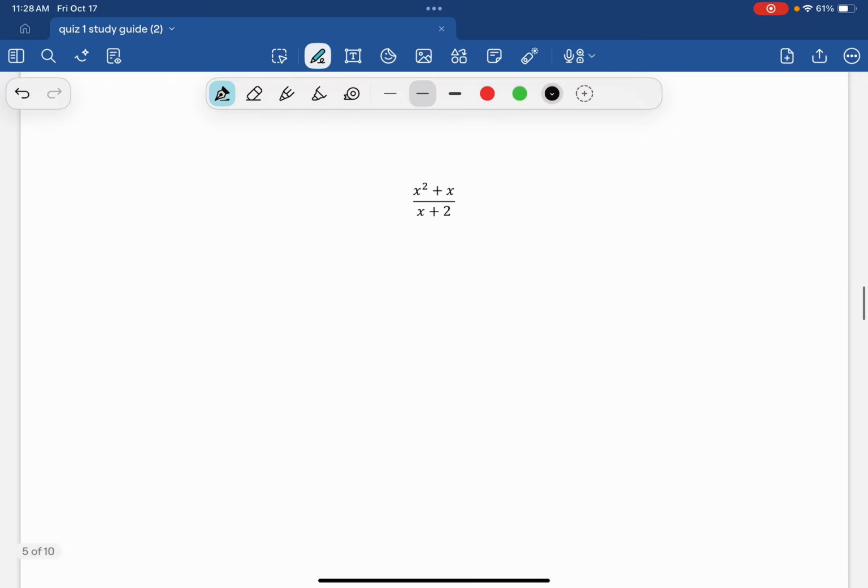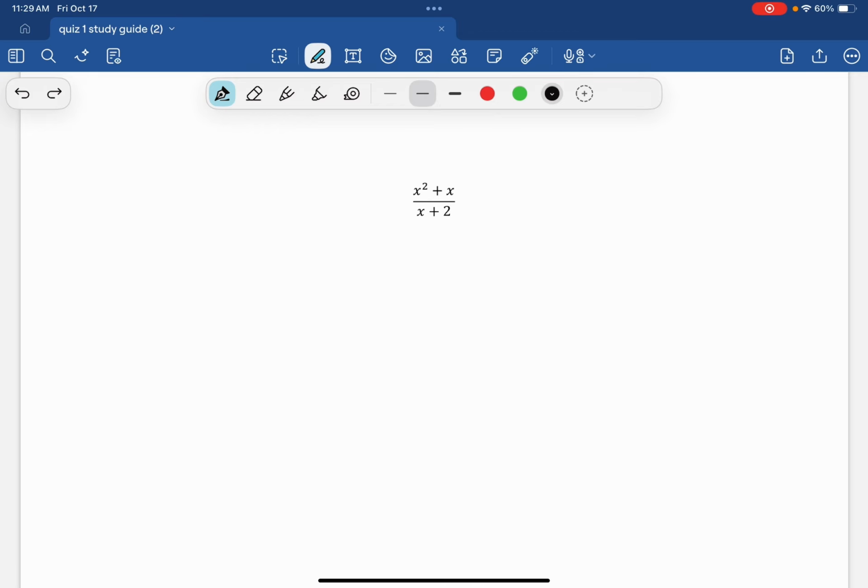Next one, here I need to use quotient rule. Sometimes there might be a shortcut because you might be able to factor something here, but here we can't, because the top is x times x plus 1, which doesn't cancel out with anything in the denominator. So we're going to use quotient rule, low d high minus high d low over low squared.